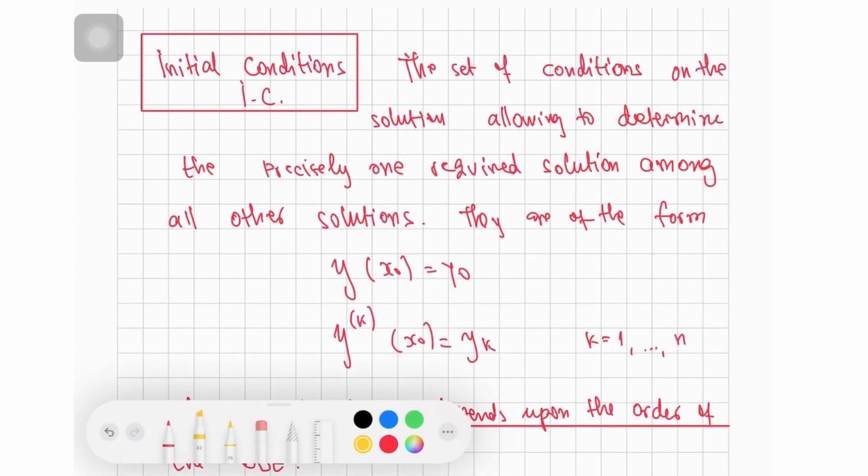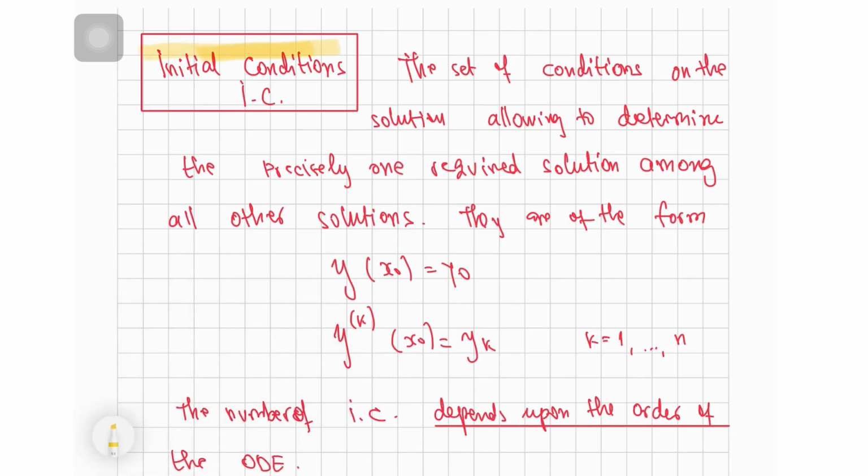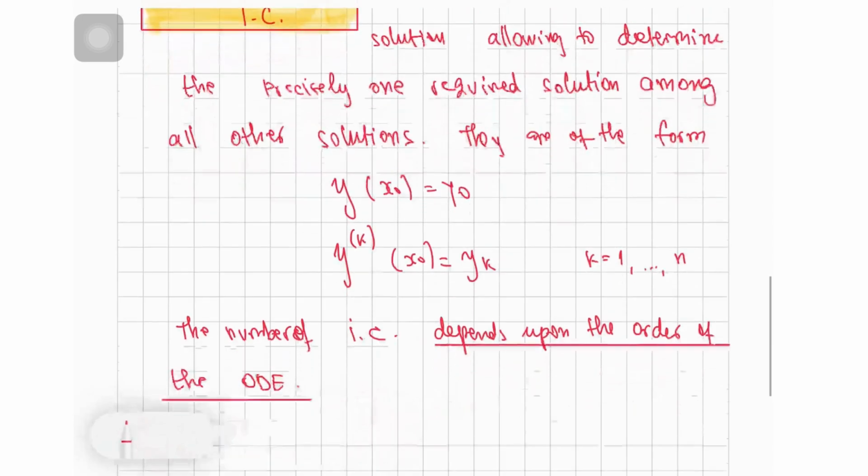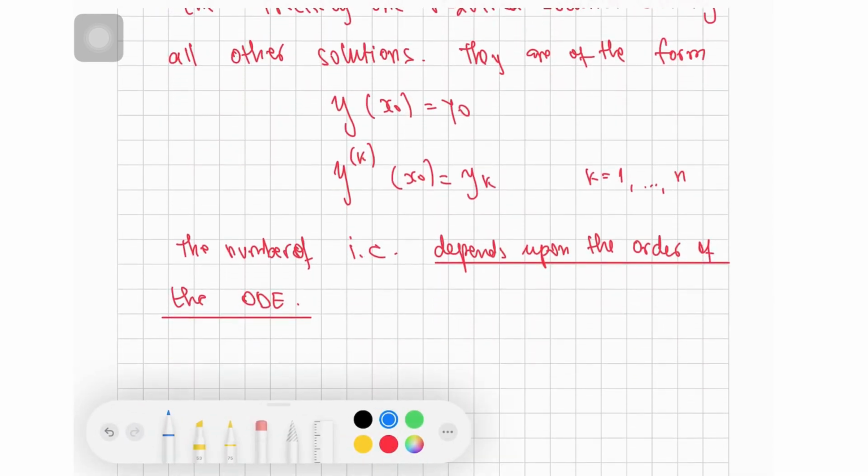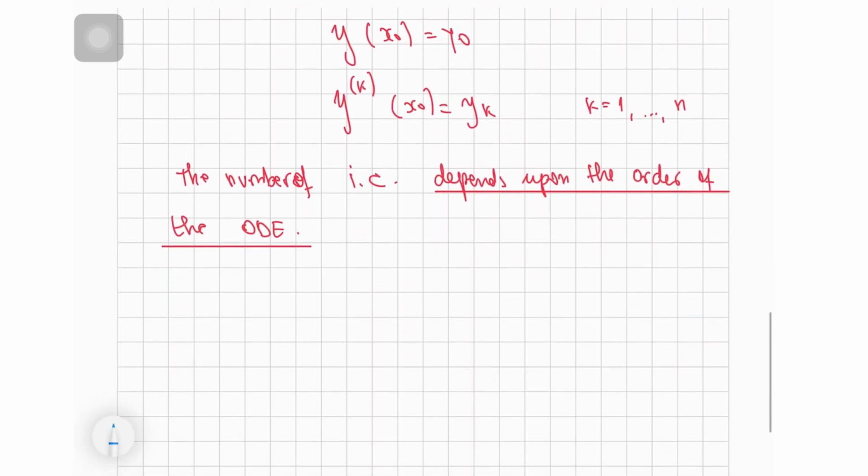So we know now what initial conditions are, what a solution is, and the next concept is the initial value problem, or IVP.